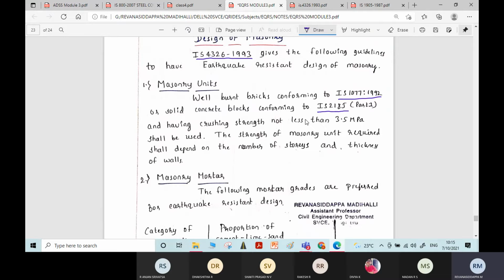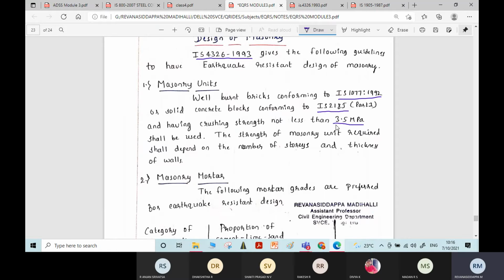For the quality and strength of burnt bricks we use the IS 1077 code book, and for solid concrete blocks we refer to IS 2185 for good quality guidelines. The compressive strength of the brick should be a minimum of 3.5 N/mm² or 3.5 MPa for earthquake resistant masonry.